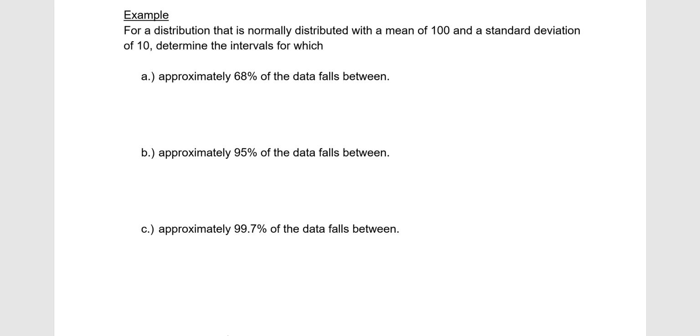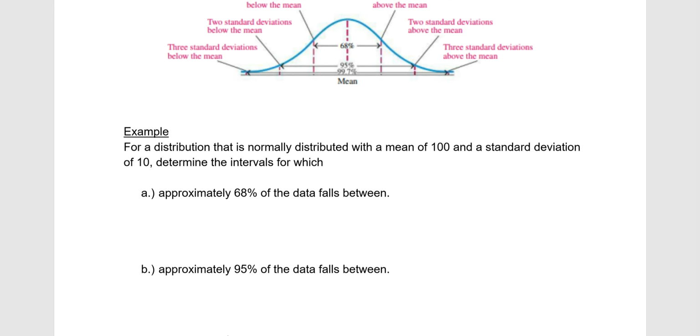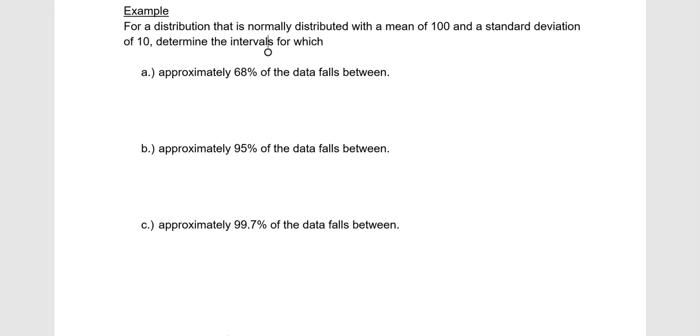So we know 68% of the data, based on the empirical rule up here, falls within 1 standard deviation from the mean. So the way that we can actually set this up, if we want, using notation, is going to be x bar, the mean, minus 1 standard deviation and the mean plus 1 standard deviation.